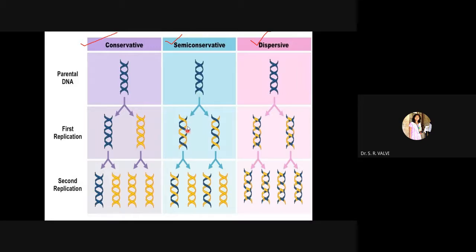So here half of the DNA strand is from the parental DNA, and the other half is the newly synthesized strand, right? So half of the DNA is conserved, hence this type of conservation is called the semi conservative type of replication, right?